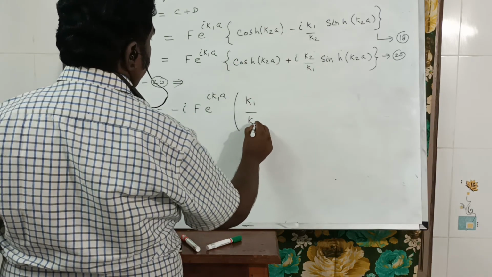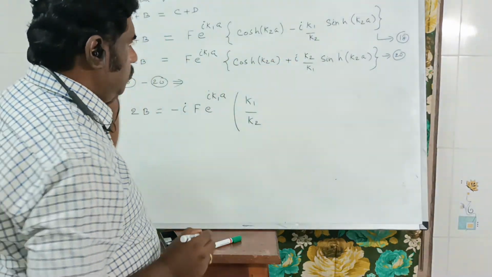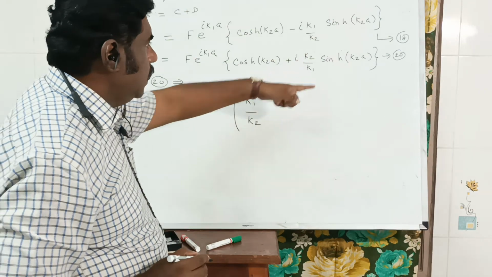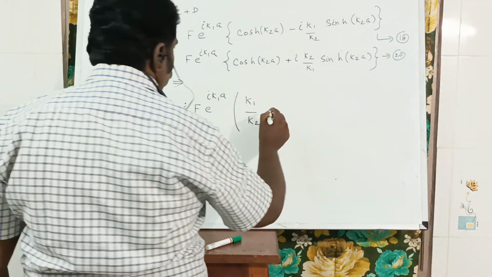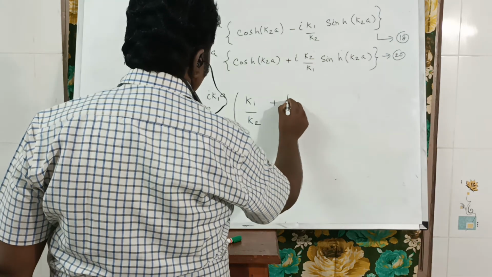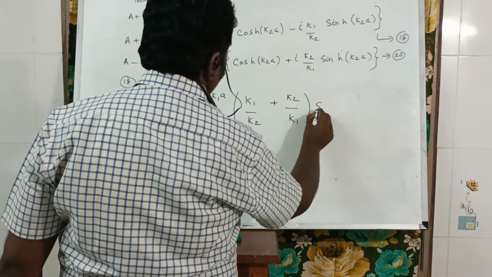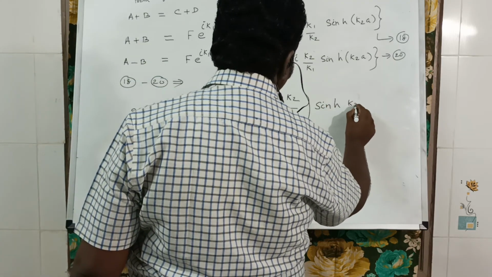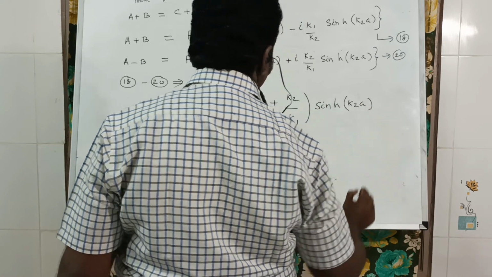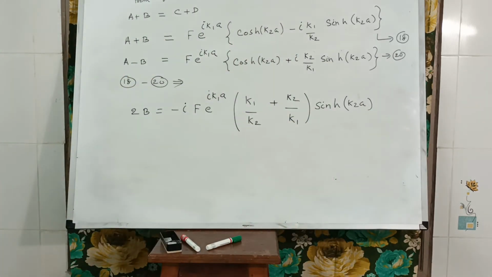K1 by K2 minus of this term, minus i into K2 by K1. Already we have taken out the negative sign, so that plus K2 by K1, the entire thing is multiplied by sinh K2 of a. This is the value of 2B.